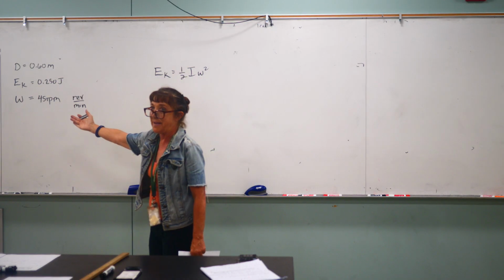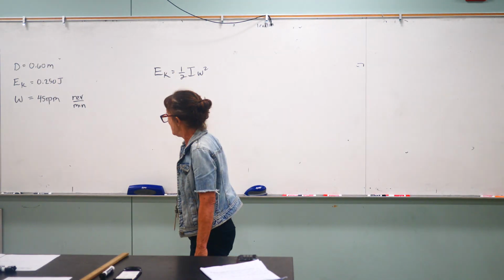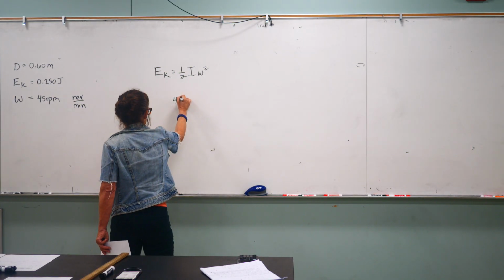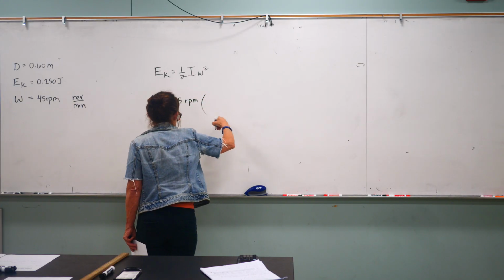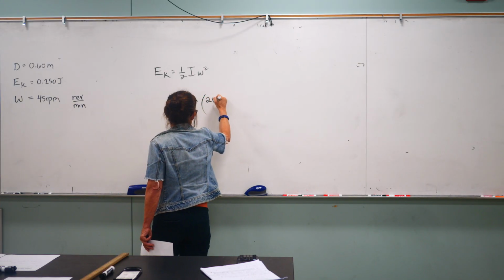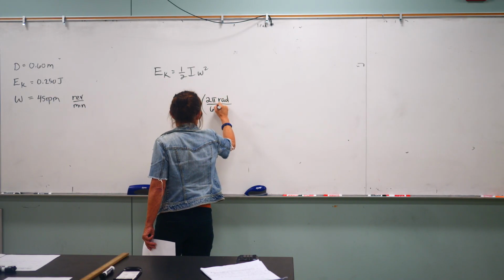But we can't use RPMs, right? We need to get radians per second. So I'm going to take that 45 RPM and multiply it by 2 pi radians over 60 seconds.